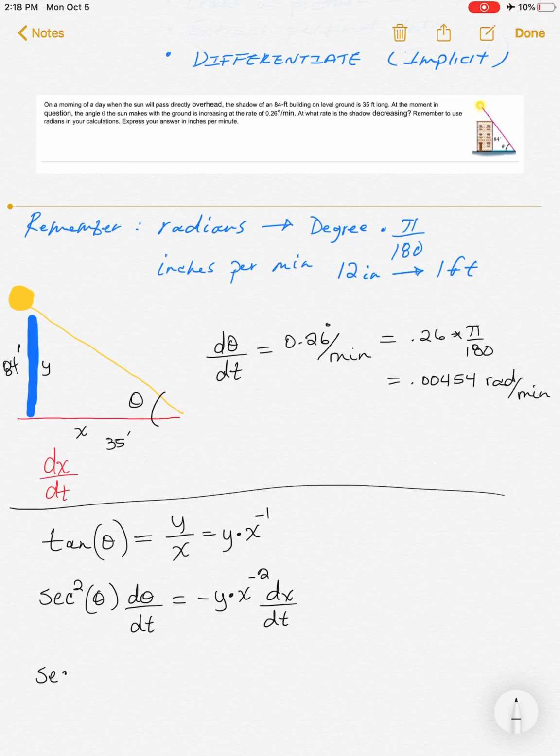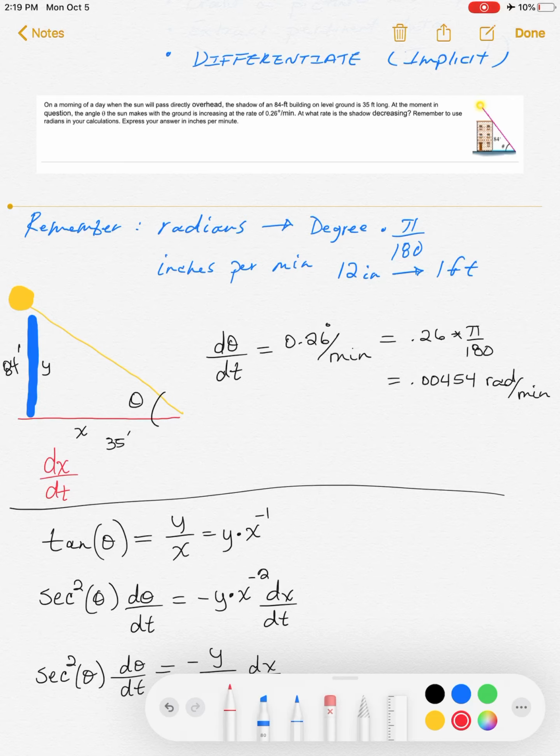So we have secant squared theta d theta dt equals negative y over x squared dx dt.